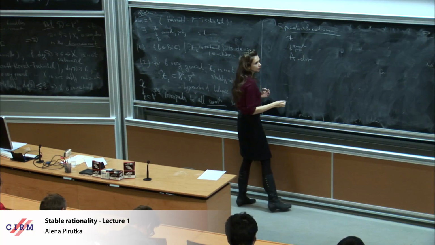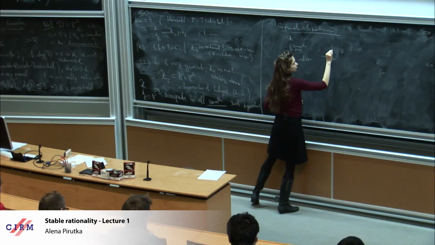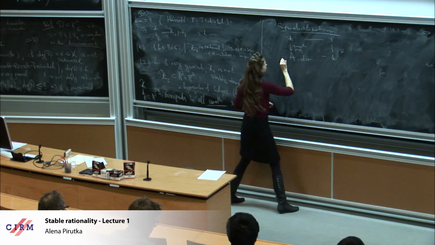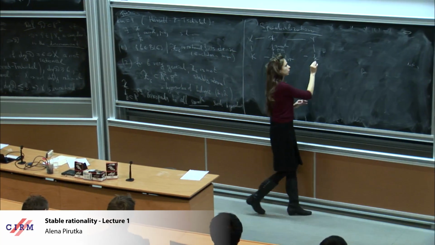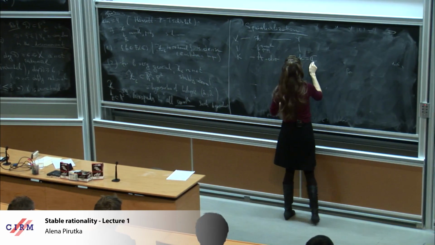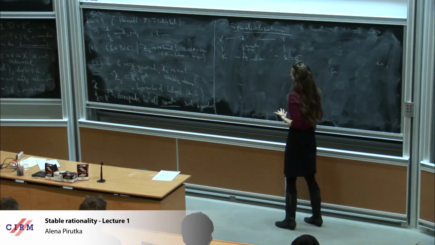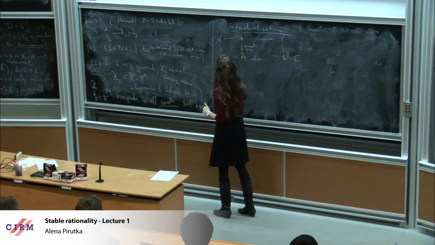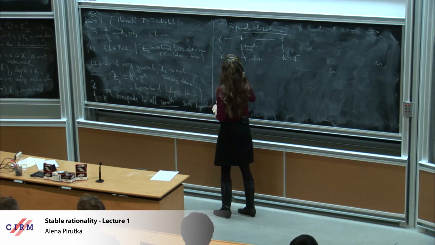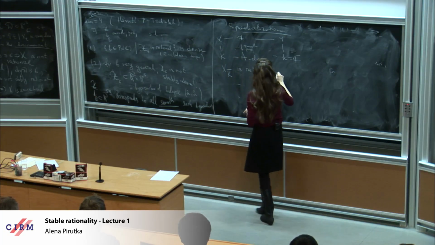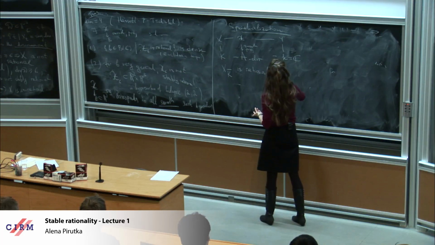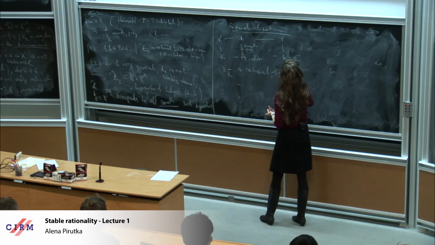I'm going to consider the special fiber that I'm going to call Y, and the generic fiber that I'm going to call X. I will assume that the residue field is, I don't know, algebraically closed, just C. And the question is, what happens if X_K-bar is rational? So what about Y? Is Y rational?